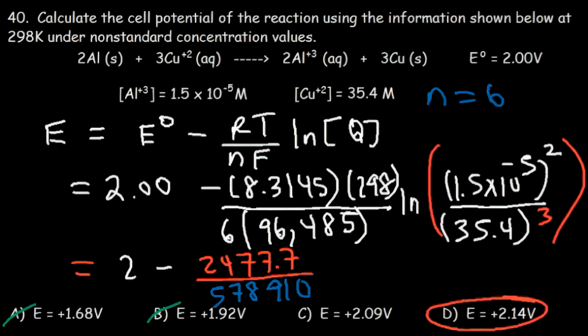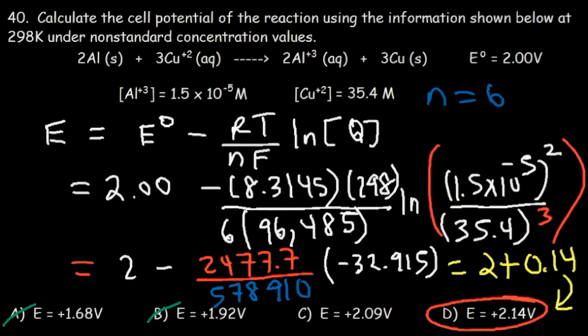That is going to equal negative 32.915. So negative 32.915 times negative 2477.7, that's 81,553, and then divide that by 578,910. You're going to get positive 0.14. So what we have now is, this is going to be 2 plus 0.14, which will give you 2.14. So D is the correct answer.